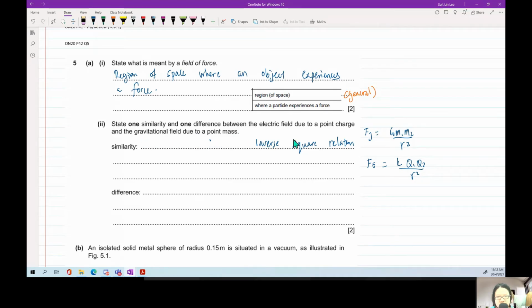Actually, let's be a bit more specific, because the mark scheme is not specific, so it's not very good in case they change the mark scheme. So we want to talk about electric field and gravitational field. Both field strengths obey the inverse square law.